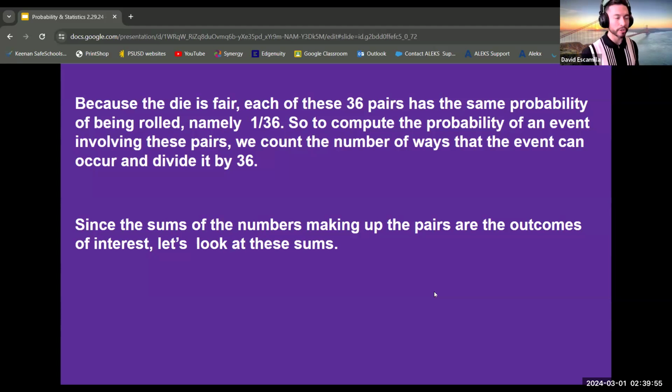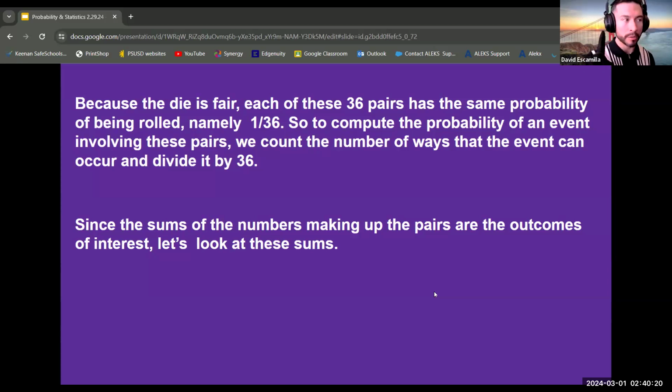So they always use the word fair just to explain that there are no tricks in this experiment. Each of these 36 pairs has the same probability of being rolled. For example, the probability of any pair being rolled is 1/36.